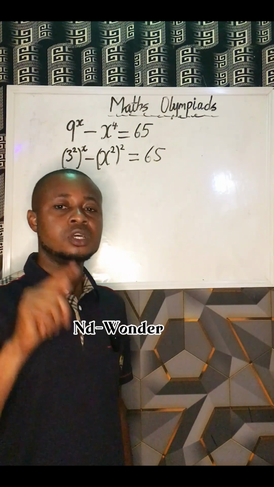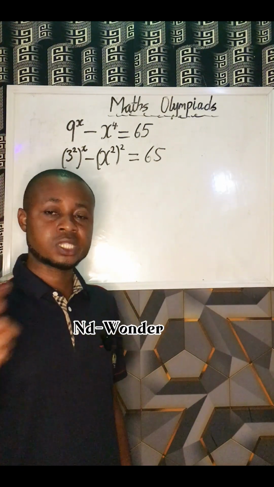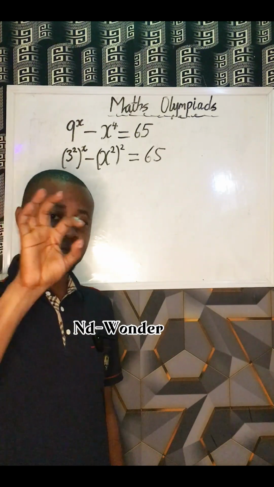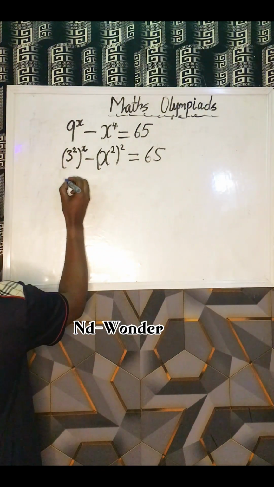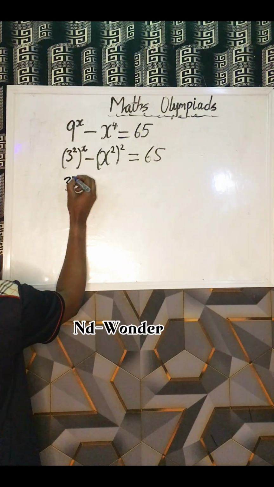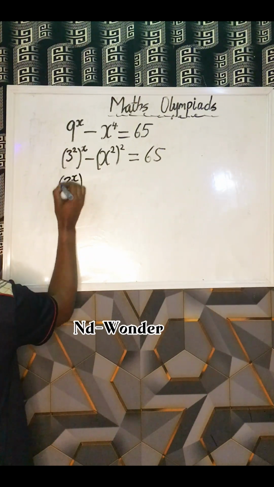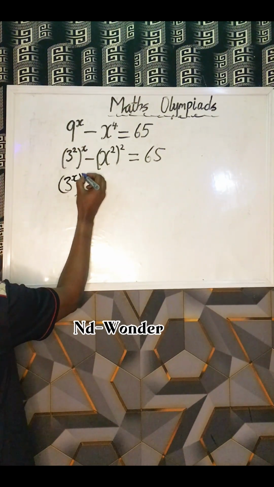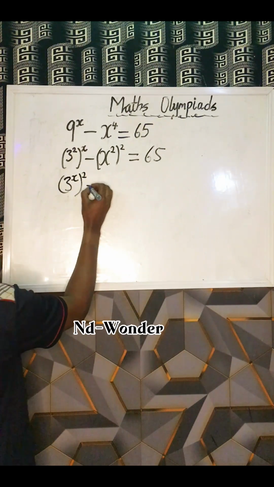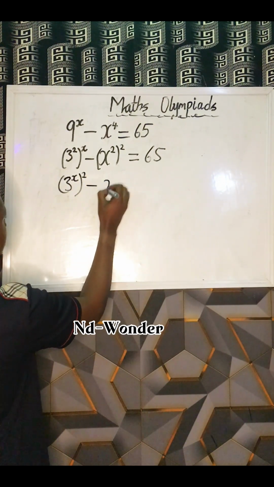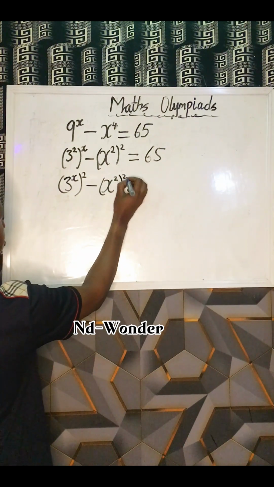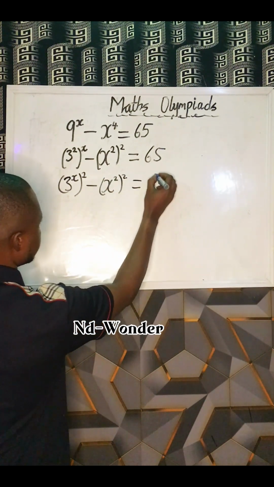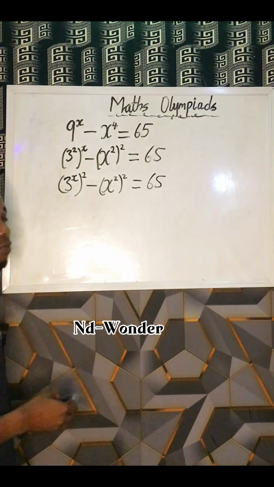So I'm going to have 3 raised to power x, then raised to power 2, minus x raised to power 2 times power 2, which is equal to 65.